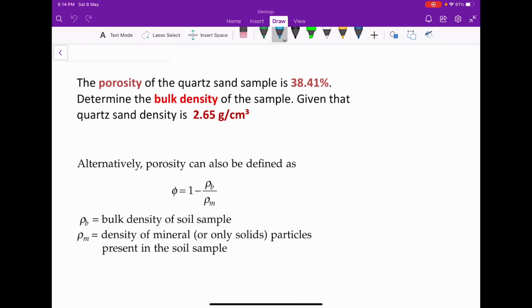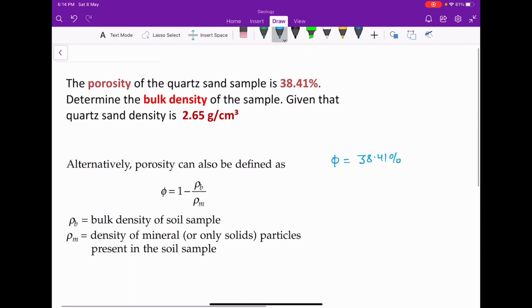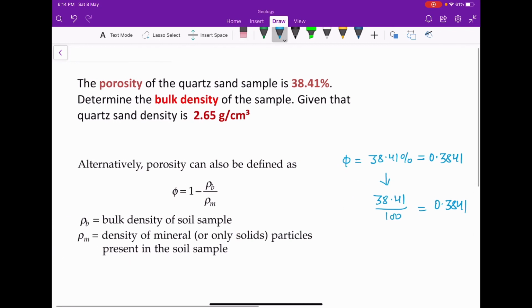Here, given the porosity phi is 38.41 percent, or we can say 0.3841 if we convert this percentage to decimal: simply divide 38.41 by 100, and that will give 0.3841.